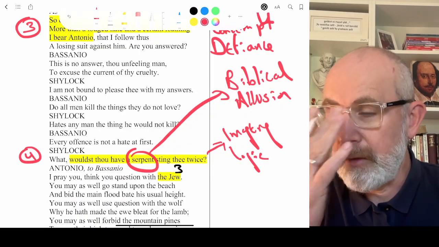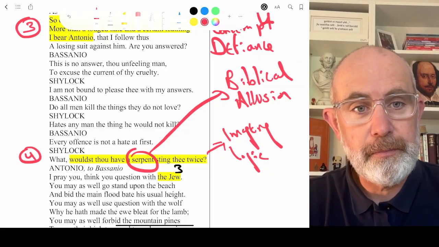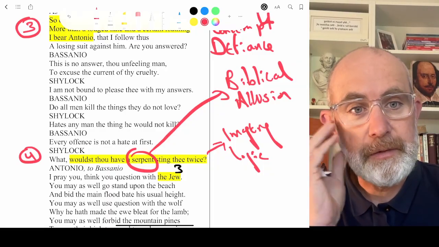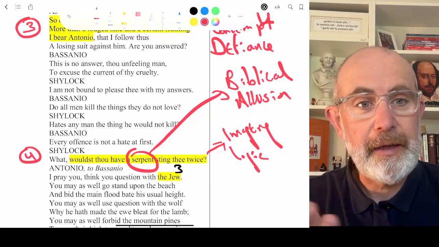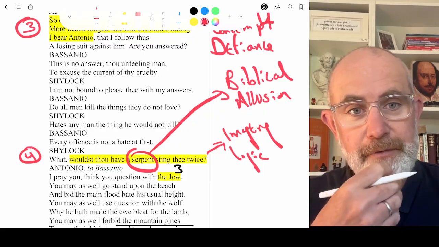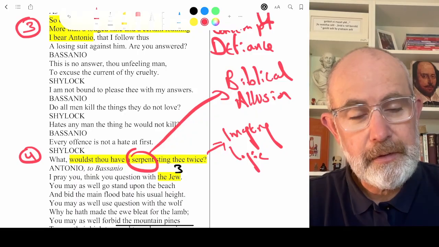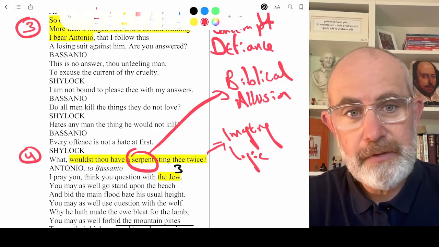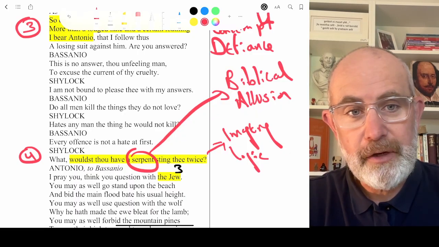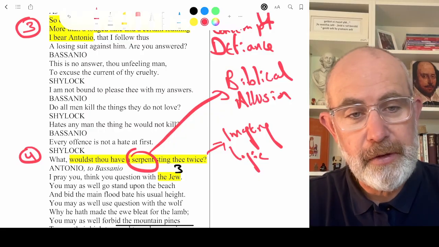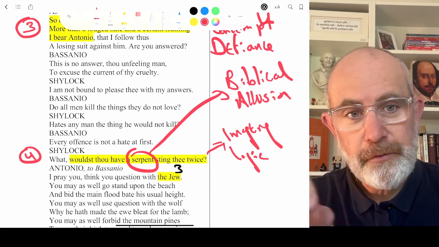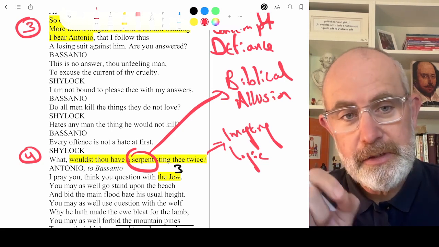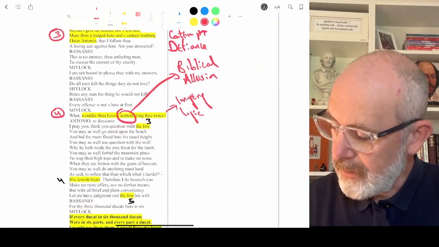It's an allusion to Genesis and the fall and Adam and Eve and the serpent being emblematic of evil and the devil. So when he looks at Antonio, he says, I see evil, and he's already stung me, and I have an opportunity now to crush him. What would you do if there was a snake about to strike you for the second time? So it's a beautiful use of imagery by Shakespeare, and again, it deepens our understanding of Shylock's character.